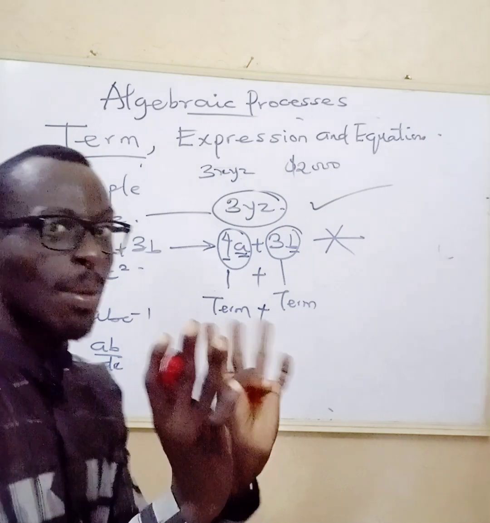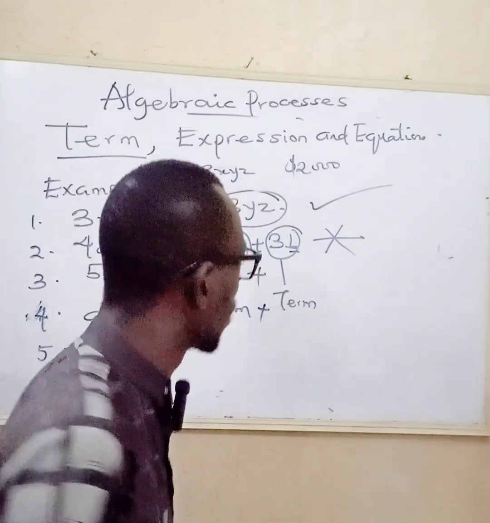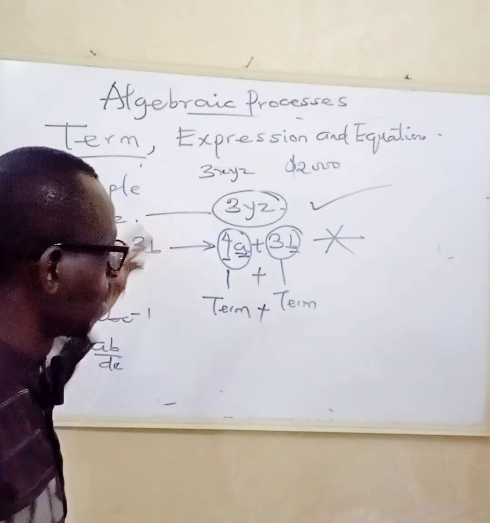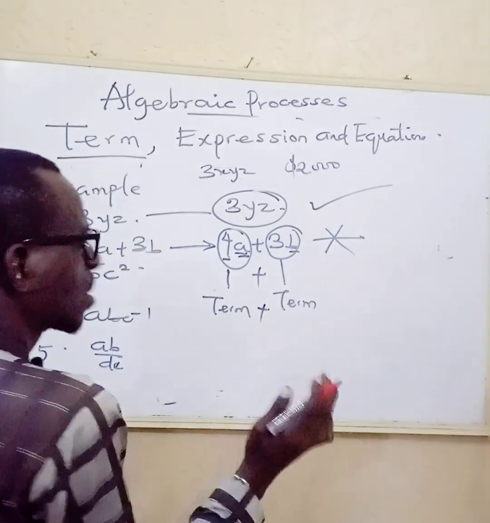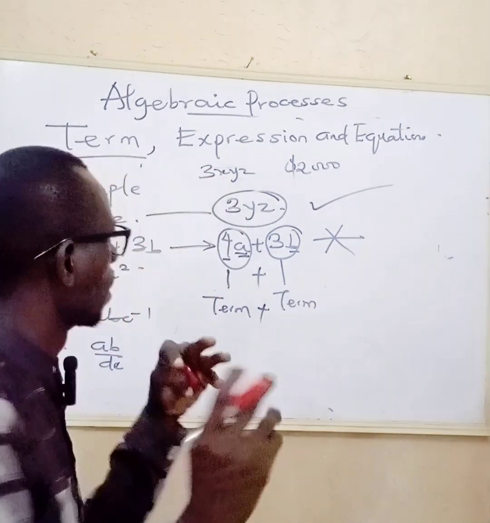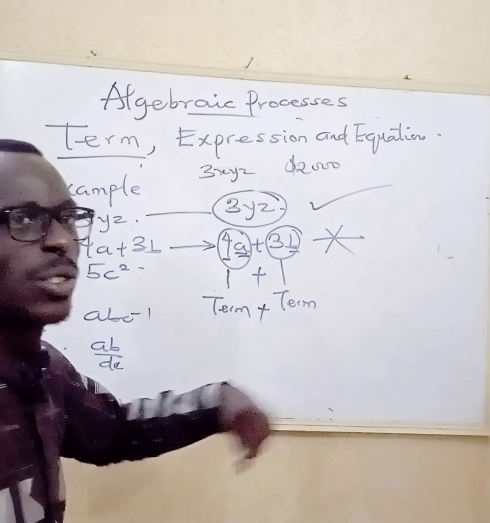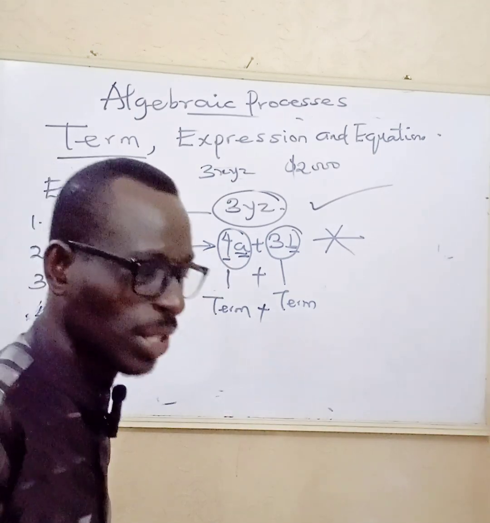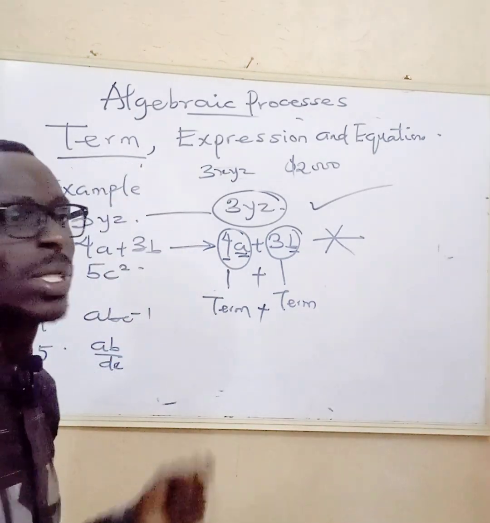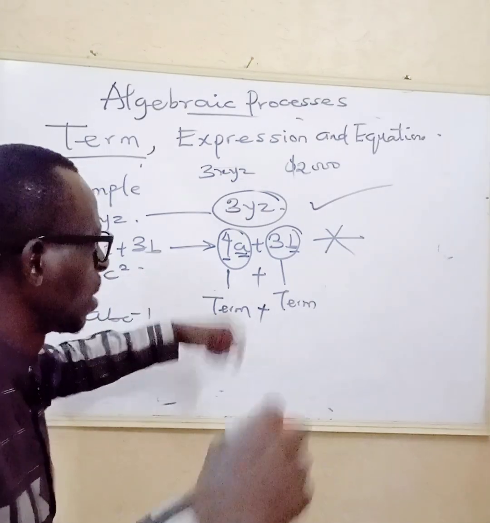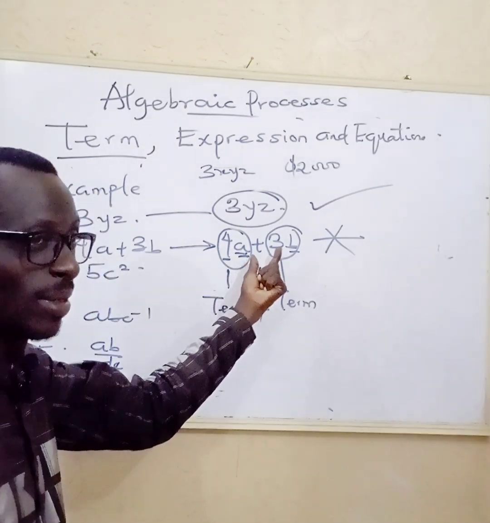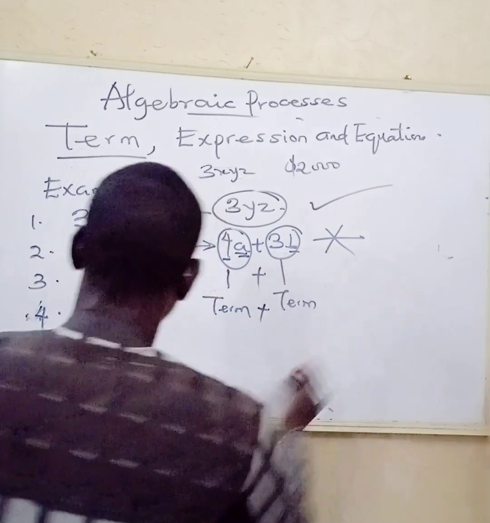We are not talking about similar objects. We are talking about the phones and the pencils. So it has 2 different terms. That makes it an expression. It's not a term, because this is the combination of unlike terms. So this is not a term.